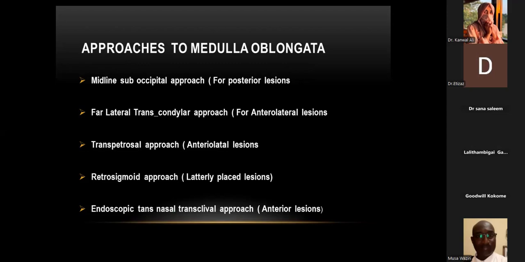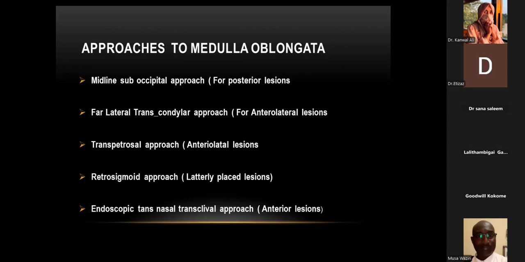For posterior lesions, the midline suboccipital approach is a very standard approach, and it explores a lot. The lateral transcondylar approach is excellent for anterolateral lesions, and it helps a lot also when an extended or huge anterolateral or posterolateral lesion is there.